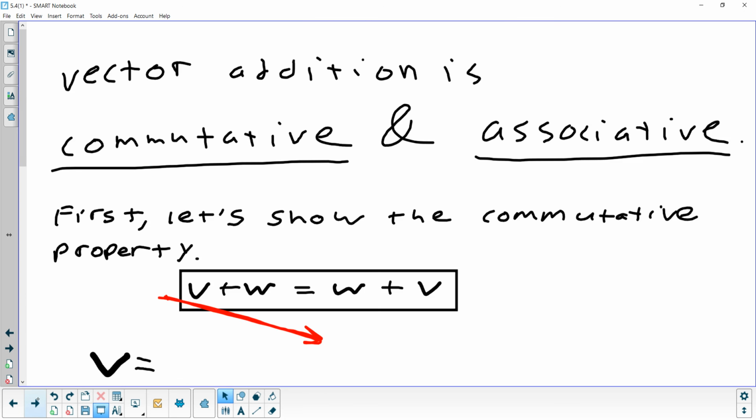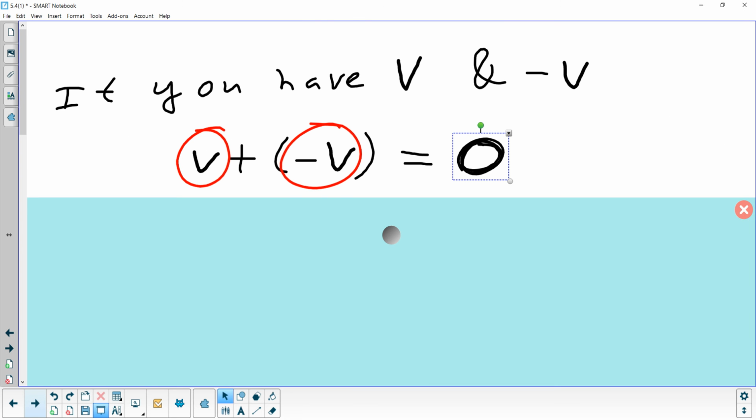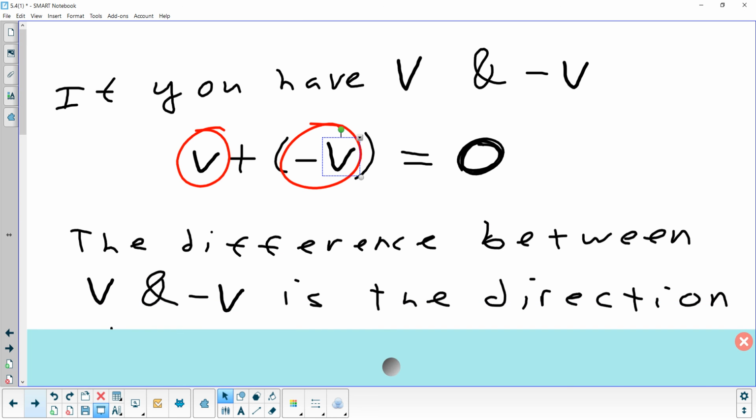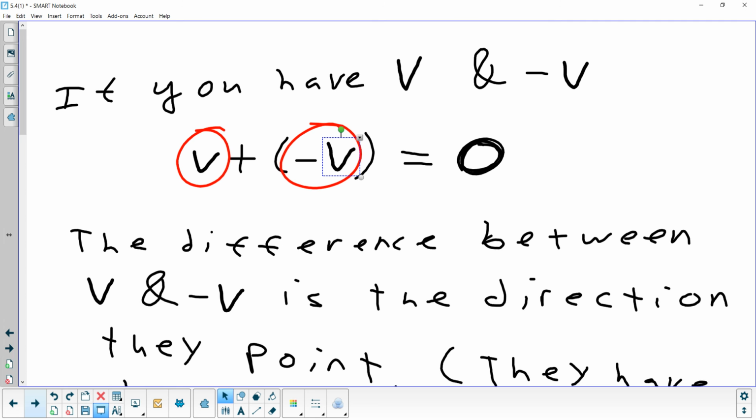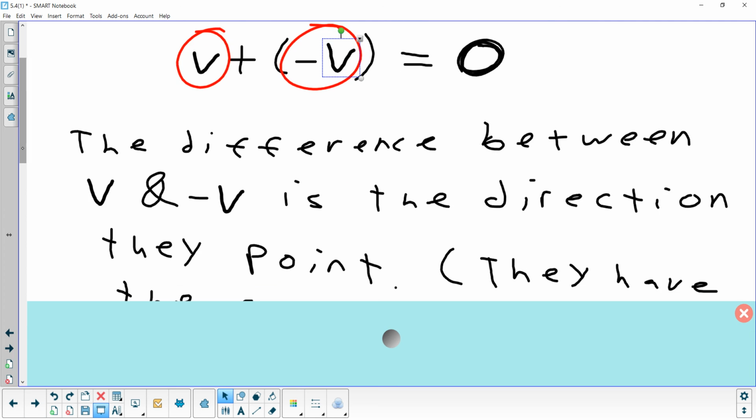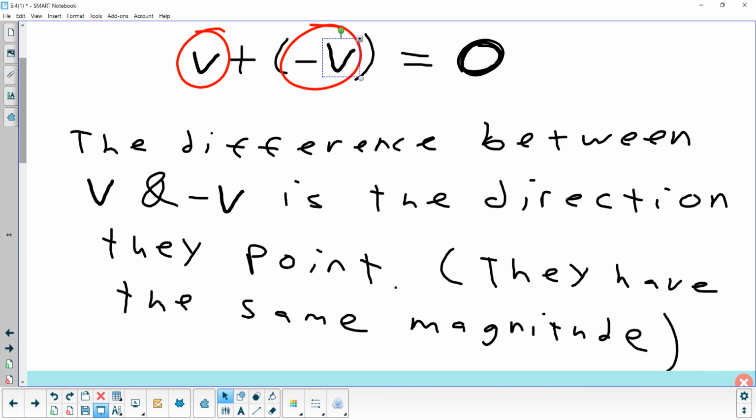So when you put a negative in front of a vector, what the negative does is it spins it around 180 degrees. Doesn't change how long it is. It just makes it point the other way. So the difference between these 2, again, is the direction they point. They have exactly the same length.